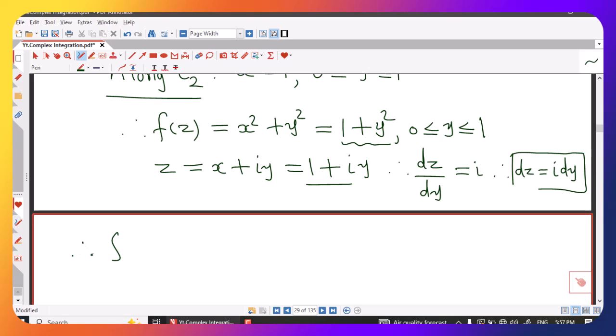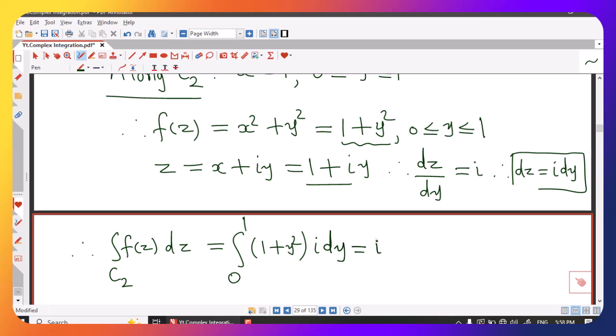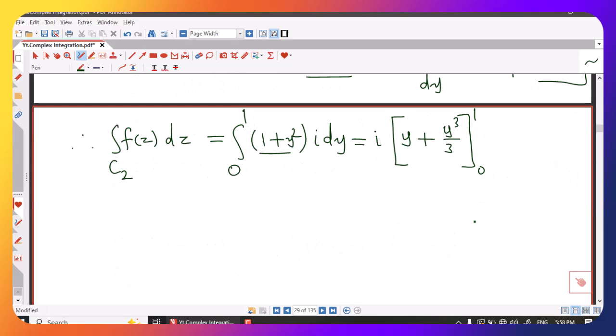So now we find out the integral of f of z along C2, which becomes, limits of y are from 0 to 1. F of z is 1 plus y square, dz is i dy. Now i is independent of y, it is constant, and the integral of 1 plus y square is y plus y cube by 3, and limits of y are from 0 to 1.